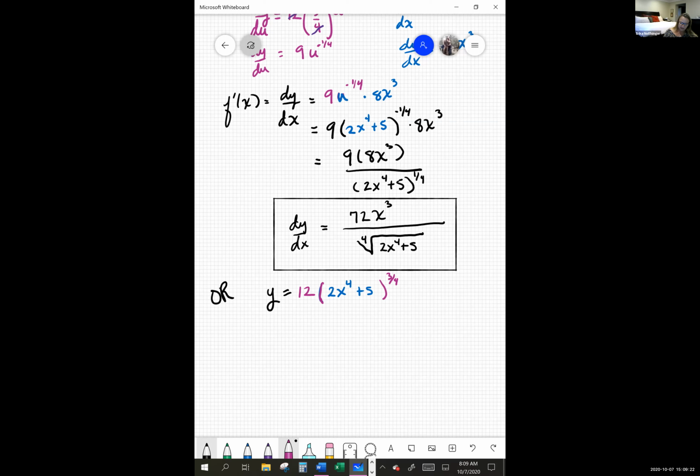Okay, so just taking the derivative, we have 12. We're taking the derivative of the outer piece, so we're just going to bring our power down front.